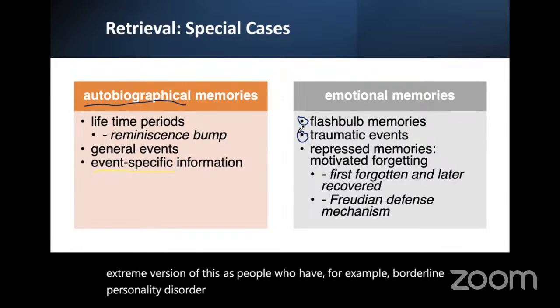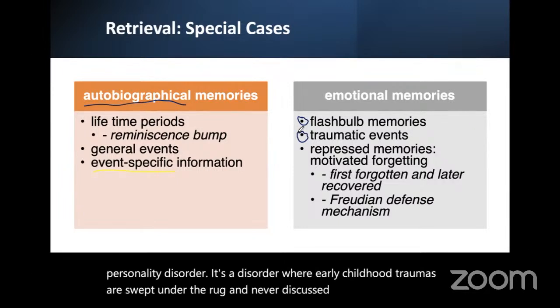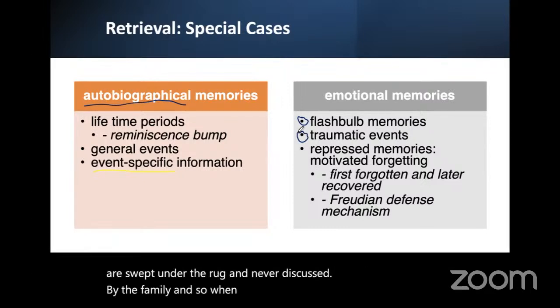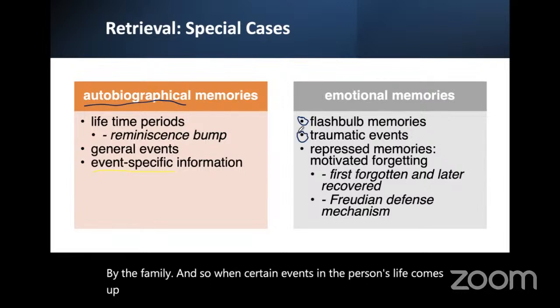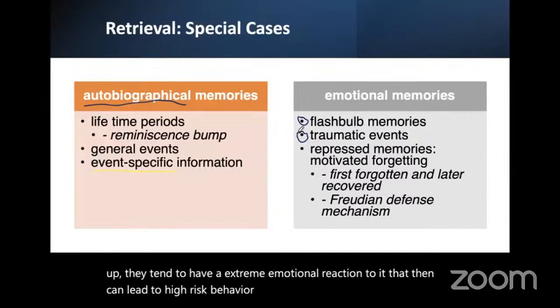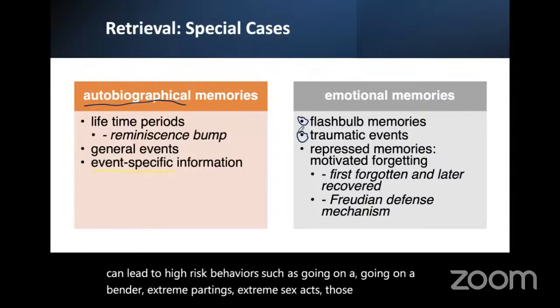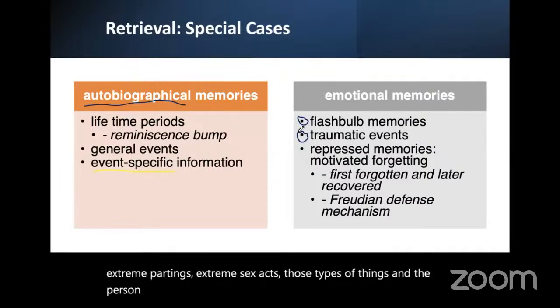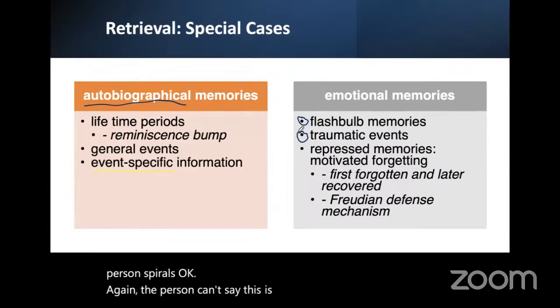It's a disorder where early childhood traumas are swept under the rug and never discussed by the family. And so when certain events in the person's life come up, they tend to have an extreme emotional reaction to it that can lead to high risk behaviors such as going on a bender, extreme partying, extreme sex acts, those types of things, and the person spirals. Okay, again, the person can't say this is why I reacted in that situation.